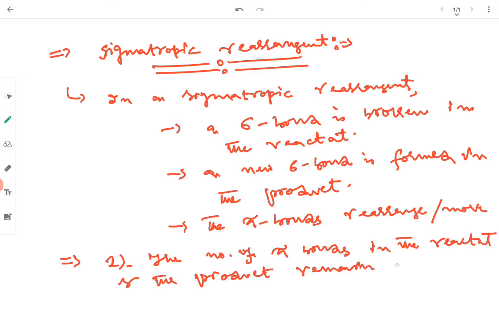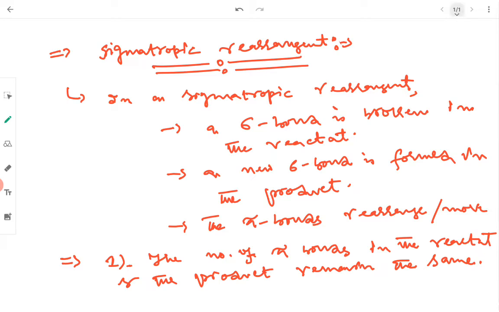Means the number of double bonds in the reactant will be the same as in the product. Means there is no change in the number of pi bonds in the reactant as well as in the product.